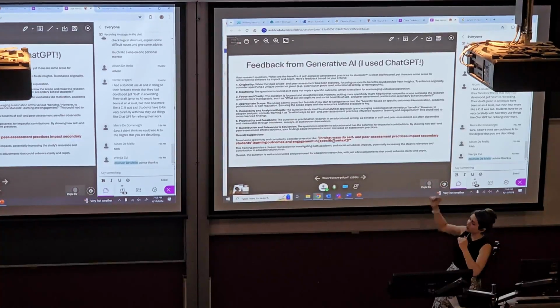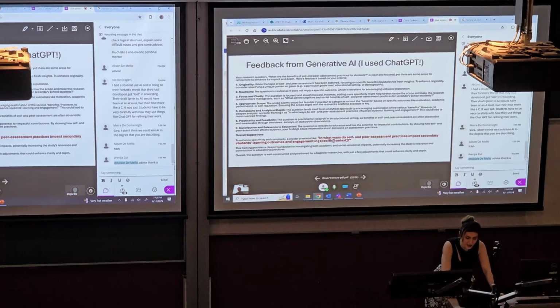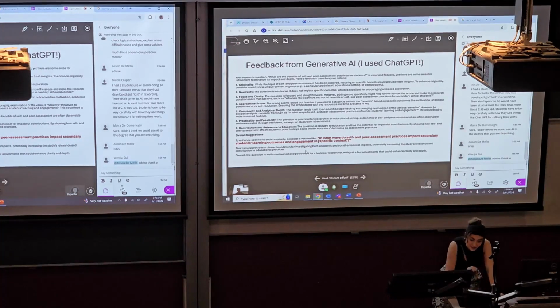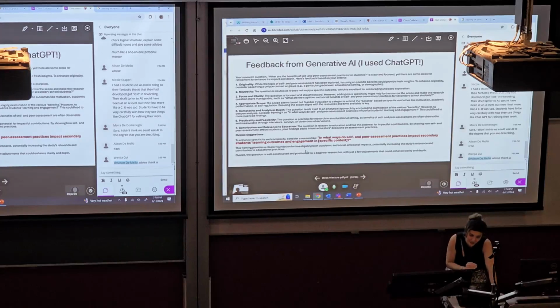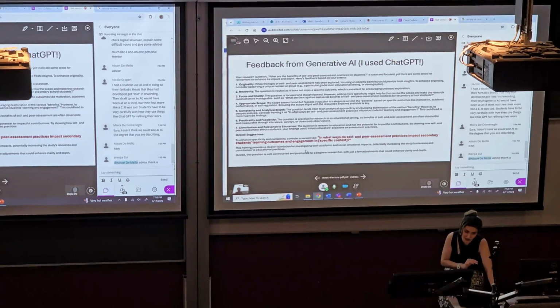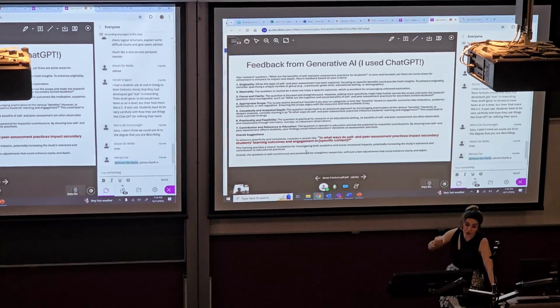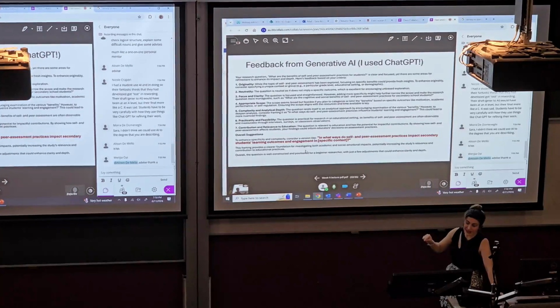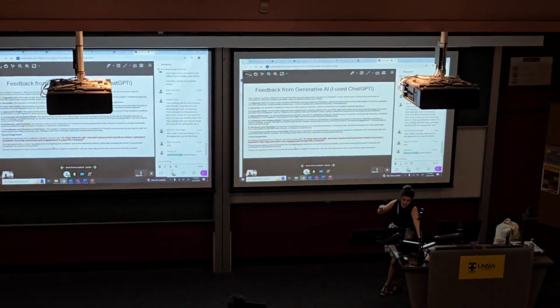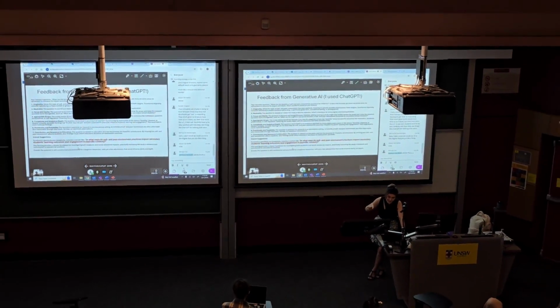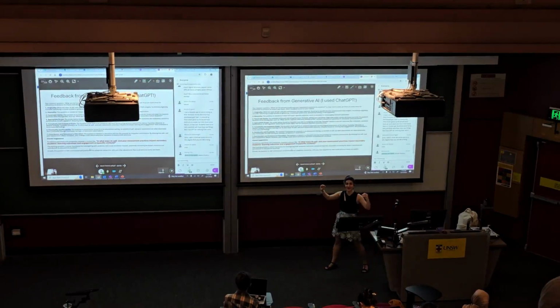So it analyzed it based on all of those, but the bottom line is what I put in red. It says to enhance the specificity and complexity, consider a version like, in what ways do self and peer assessment practices impact secondary students' learning outcomes and engagement in a specific context?